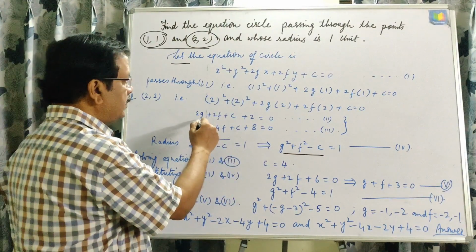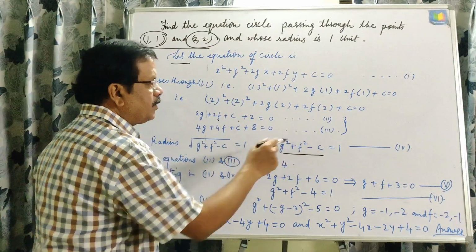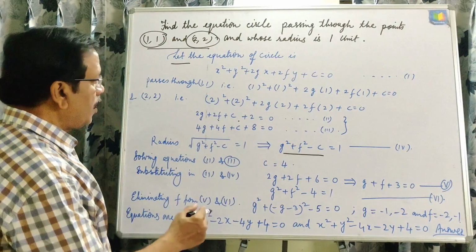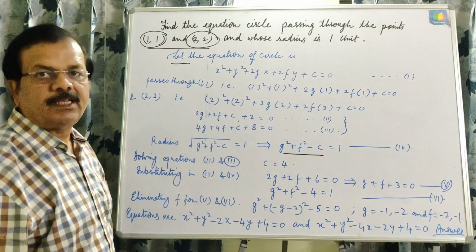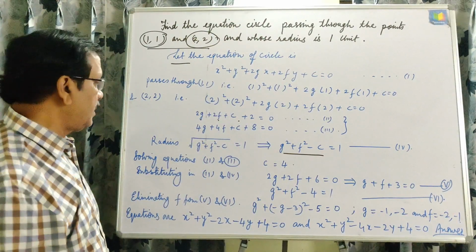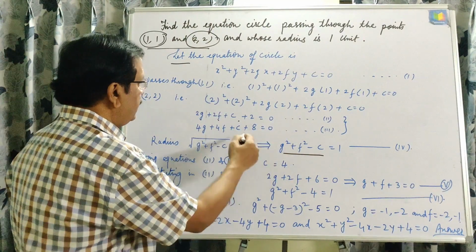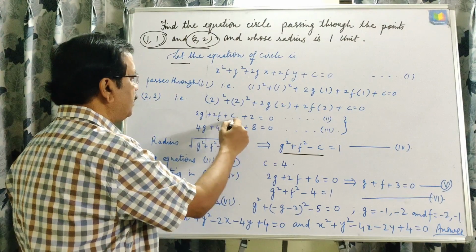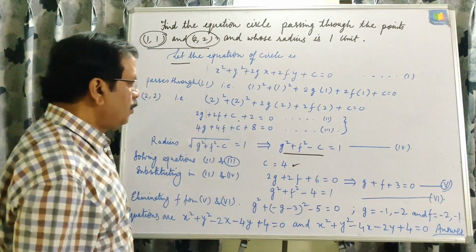This way we are getting 3 variables g, f and c and 3 equations, and we have to solve these 3 equations with the help of simultaneous linear equations or the elimination method. That is, first of all you take the second and third, and then with the help of the second and third, multiplying this by 2 and subtracting, we are getting c is equal to 4.